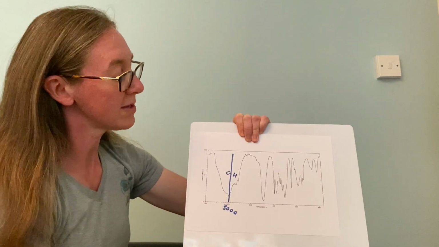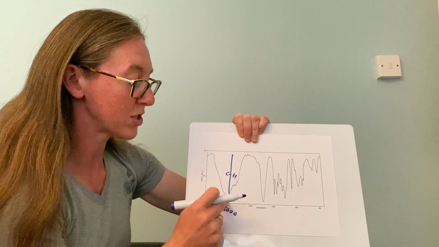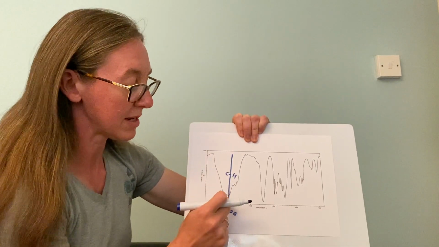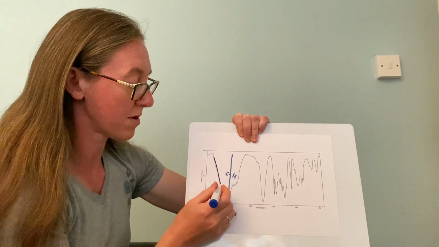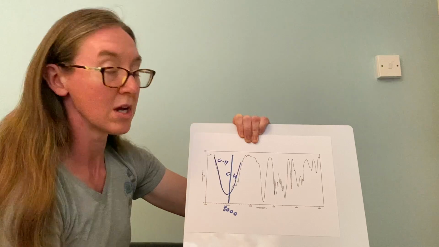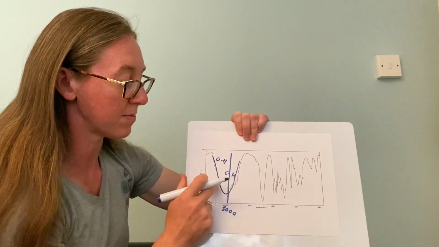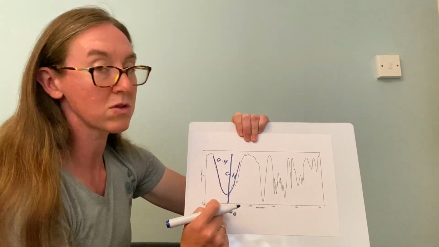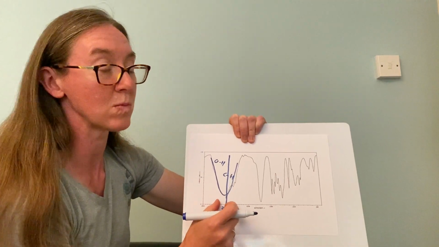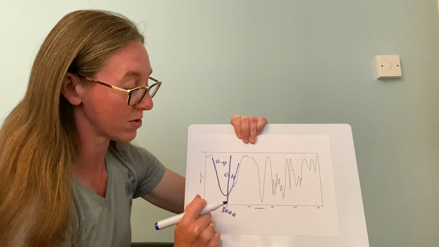And that's only useful to allow you to differentiate between a CH and an OH. So here the CH has actually got swallowed up by this peak here, which is an OH. So OH peaks tend to be broad and they're around 3000. Some slightly higher, some slightly lower, depends on what type of group they are part of.